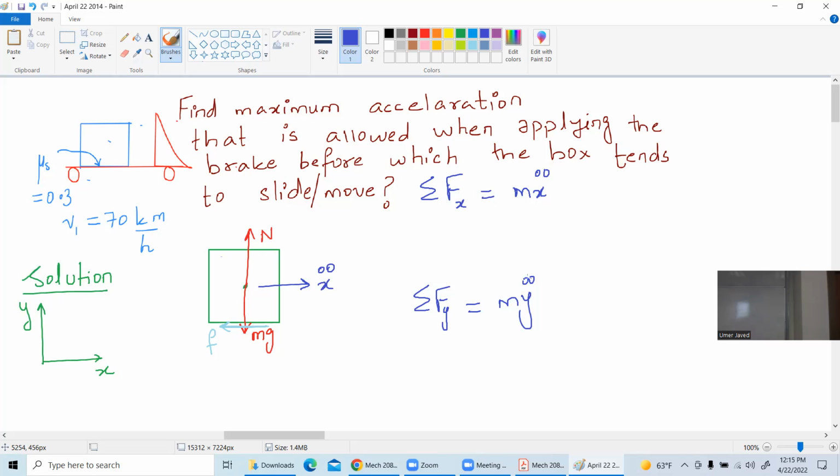So the box wants to go forward, right? So suddenly you put the brake. So that's why the friction will be backward. That is static friction because the box is just sitting here and it will move. If, for example, the box had already been sliding, that would be a new case. That is coefficient of kinetic friction.